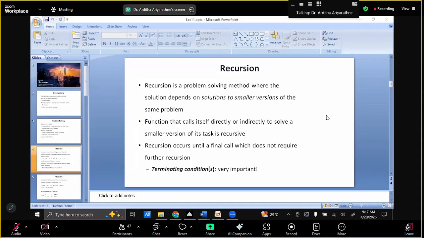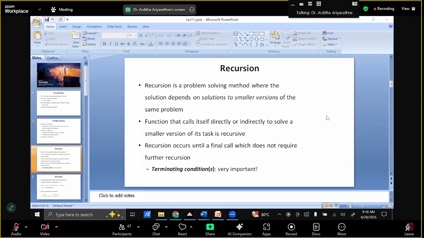Once we come to the basic level, it's very easy to solve. So first of all, we are going down, simplifying to the basic level, one by one, stepwise, until we reach the basic level.